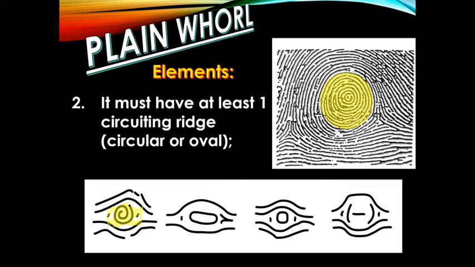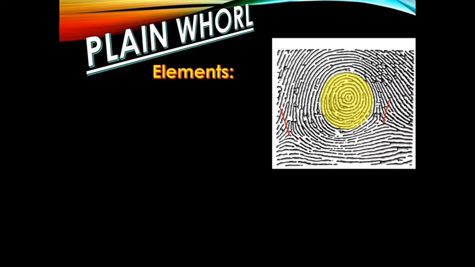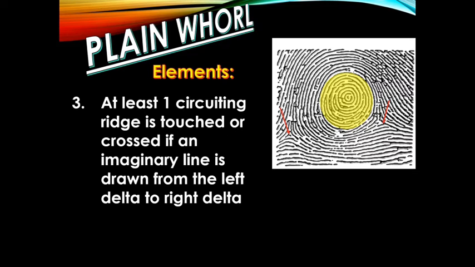We have an oval. We have a circular or any variant of a circle. And for our last element of the plain whorl, at least one circuiting ridge is touched or crossed if an imaginary line is drawn from the left delta to the right delta.